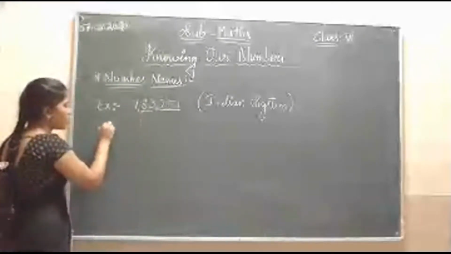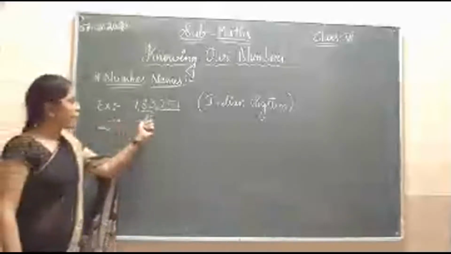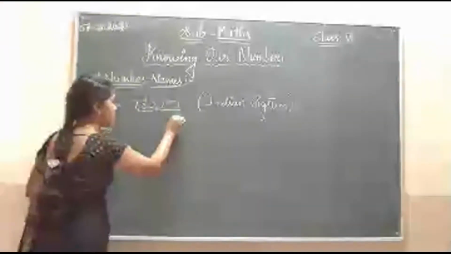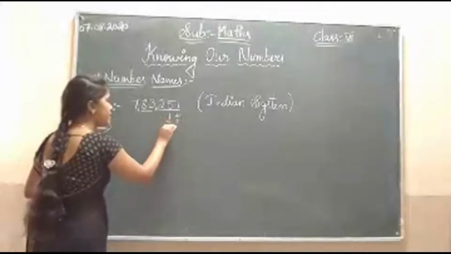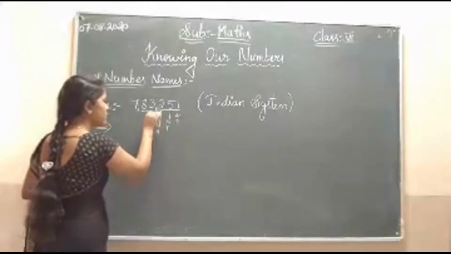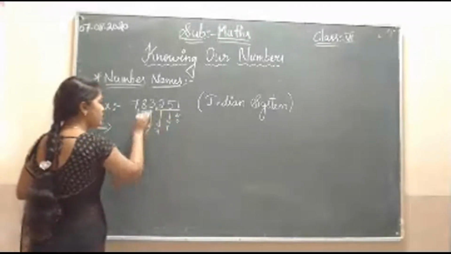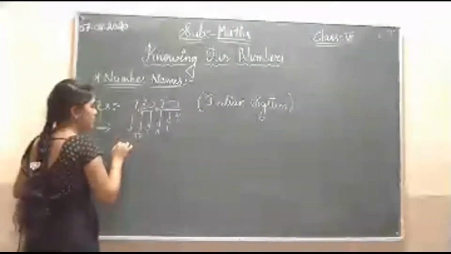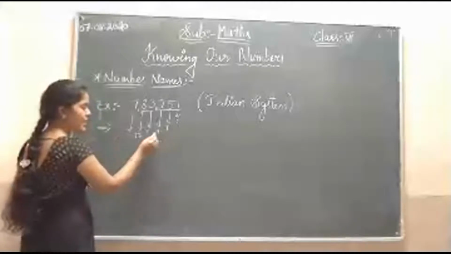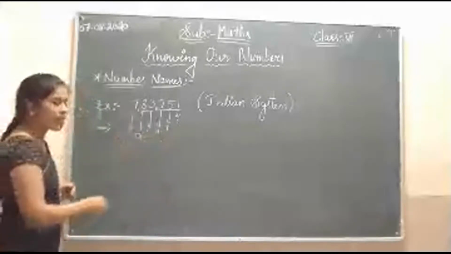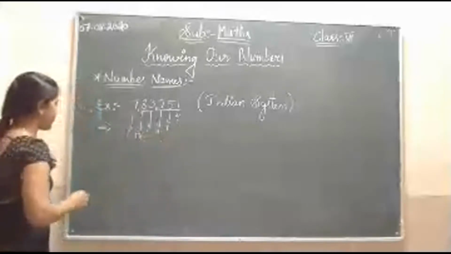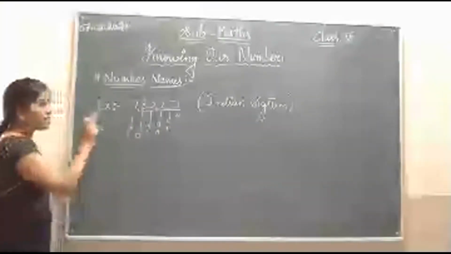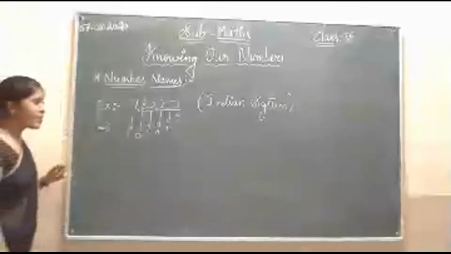Now here: ones, tens, hundreds, thousand, 10,000, and lakh. So here, write the number names. You should write the number name here.